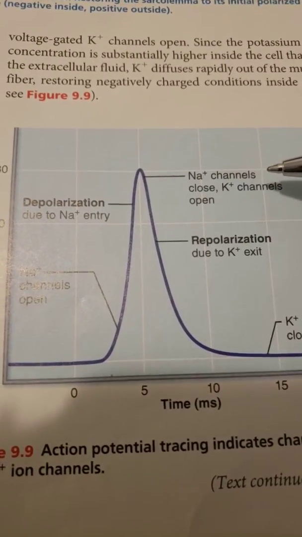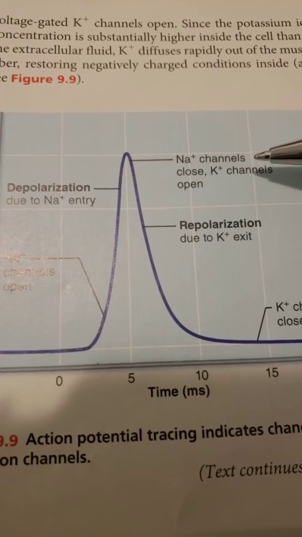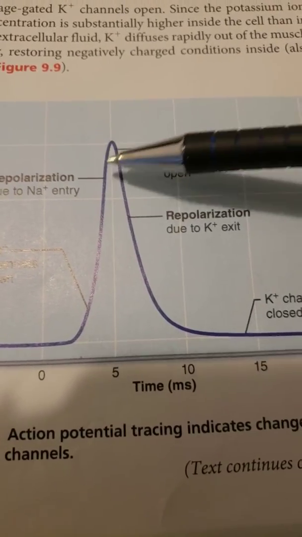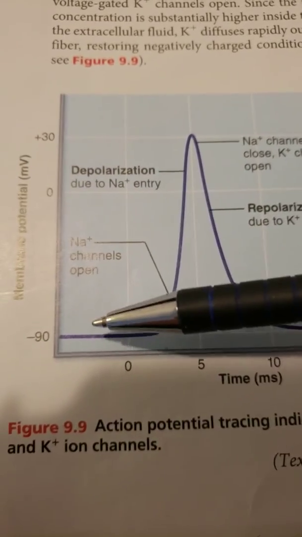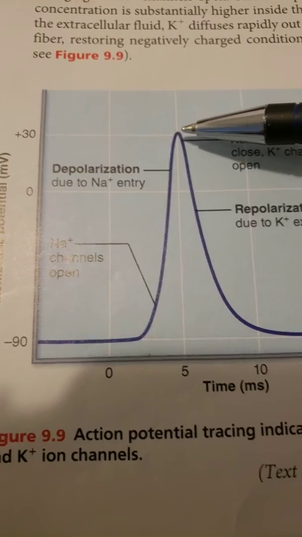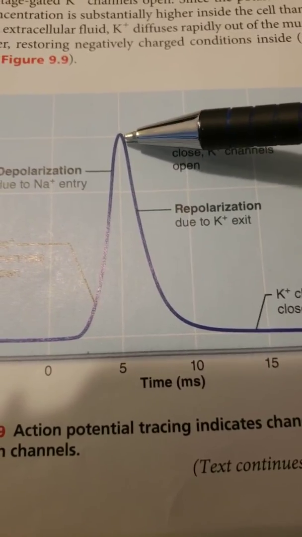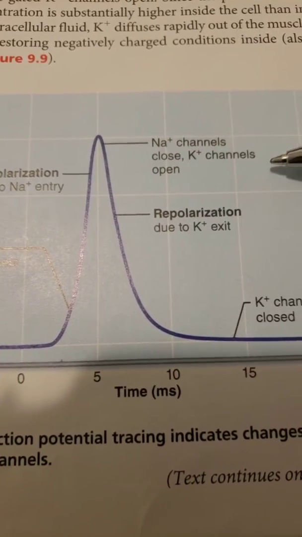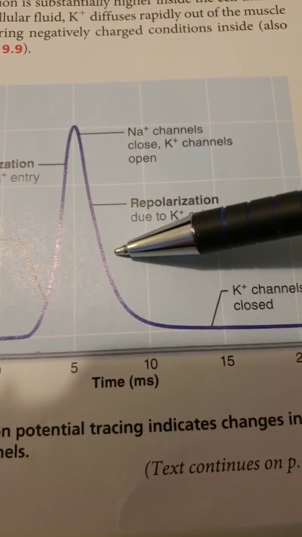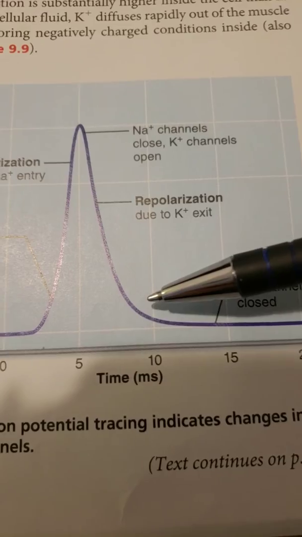Sodium voltage-gated channels close, and potassium voltage-gated channels open. Since sodium came in, we went from -90 millivolts all the way up to +30 millivolts. At +30 millivolts, when those potassium voltage-gated channels open, potassium can now leave the cell.